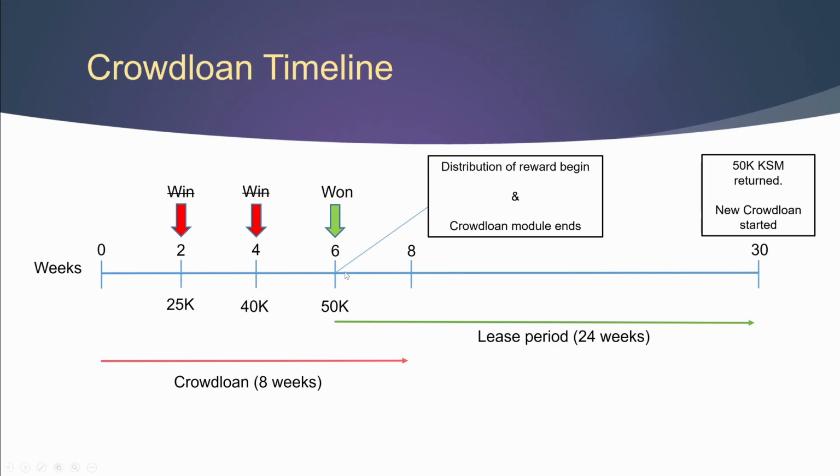However, at week 6, some projects may start distributing rewards. But regardless, the crowdloan module ends. So these are some of the factors, and all on a nice timeline so you can see what happens.